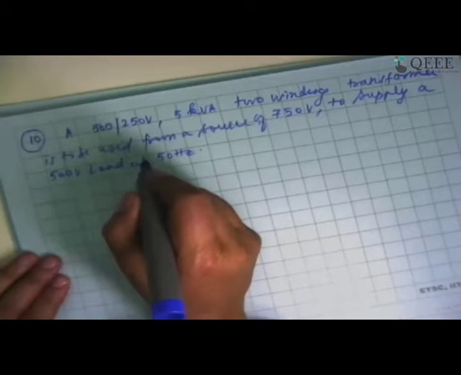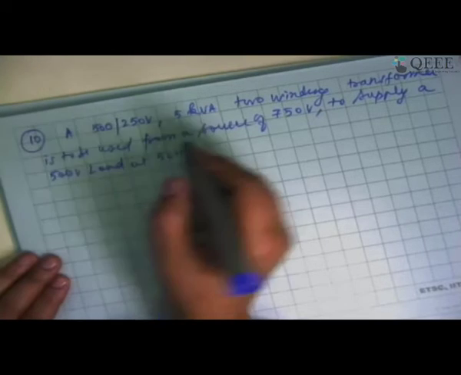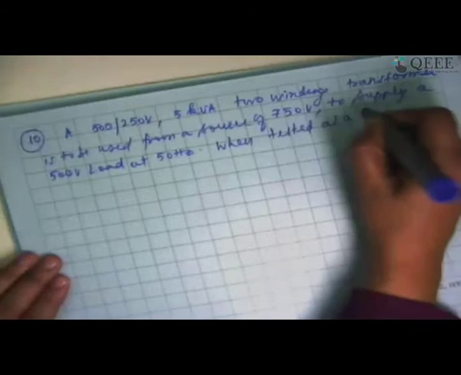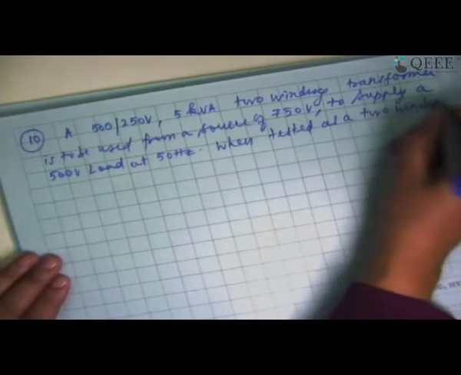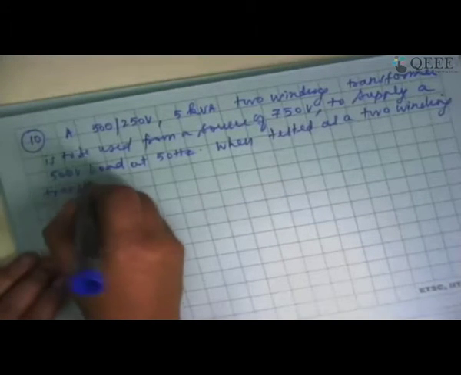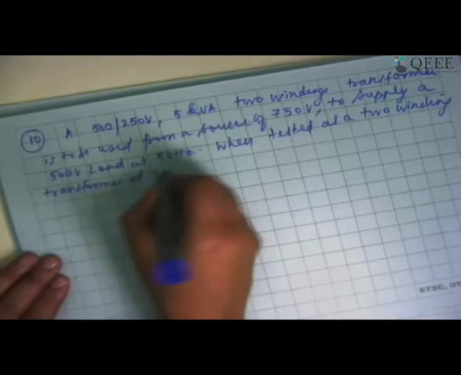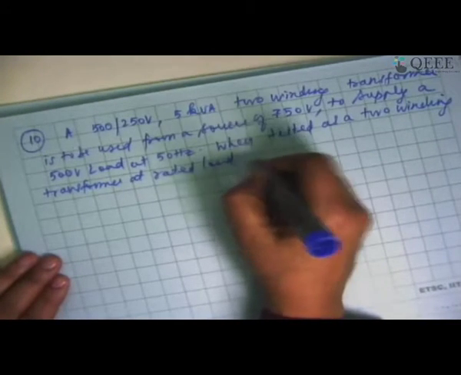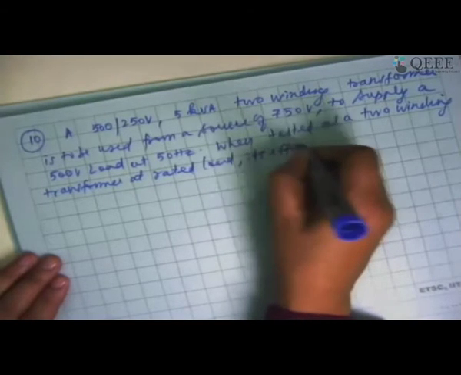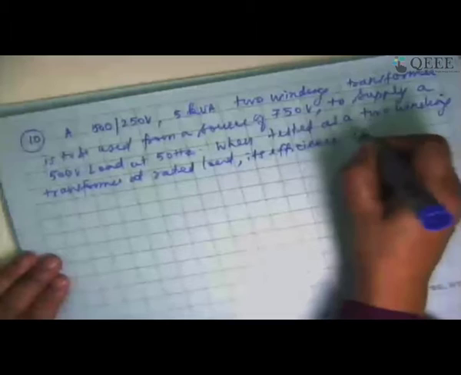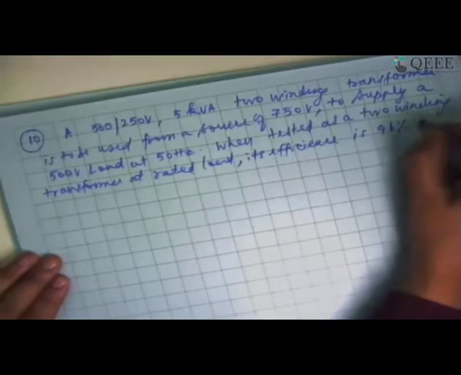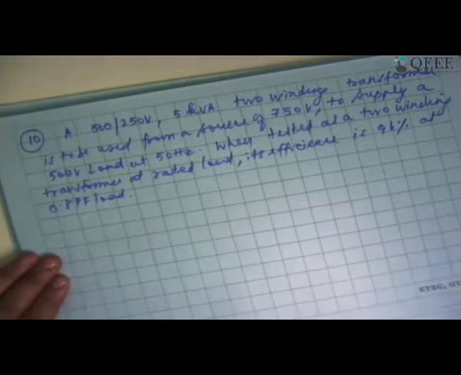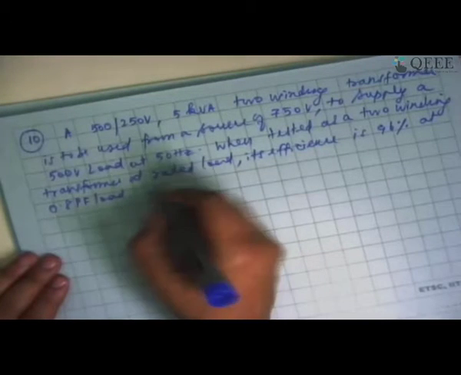Okay. When tested as a 2-winding transformer at rated load, its efficiency is 96% at 0.8 power factor load. Okay. Show the connection diagram.